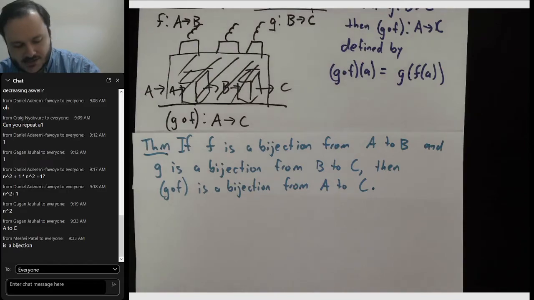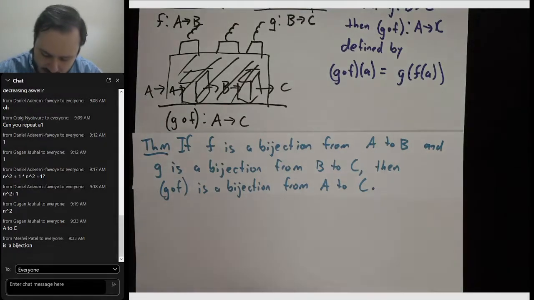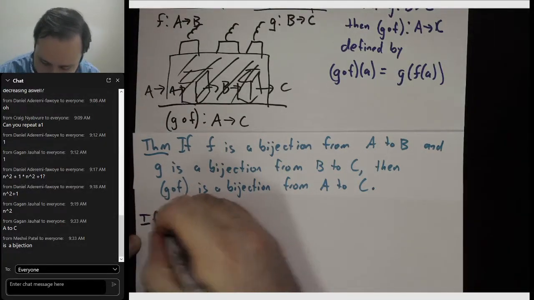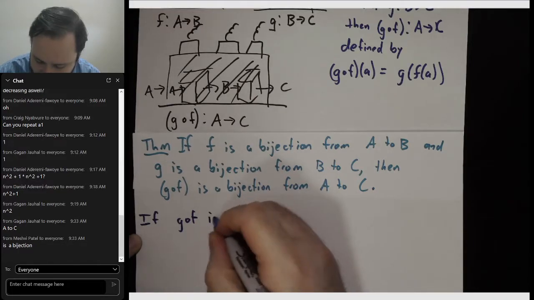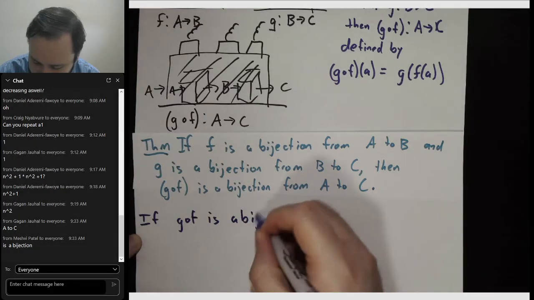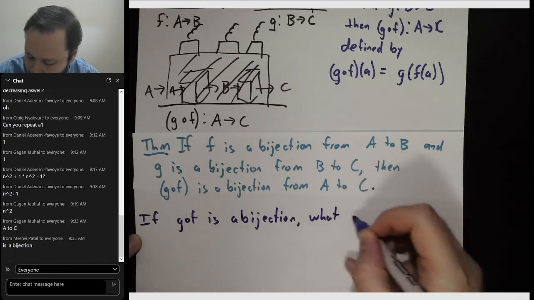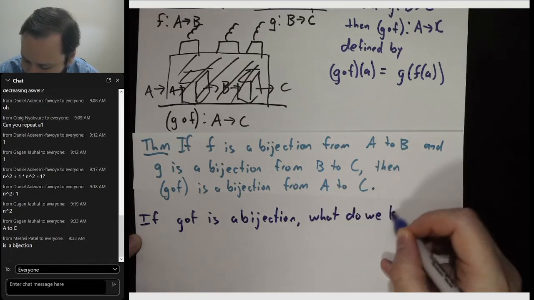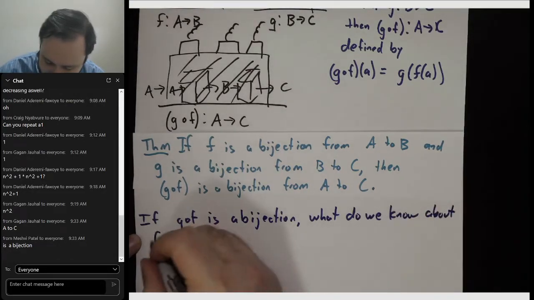Now I want to ask the opposite question. If G composed with F is a bijection, what do we know about F and G?